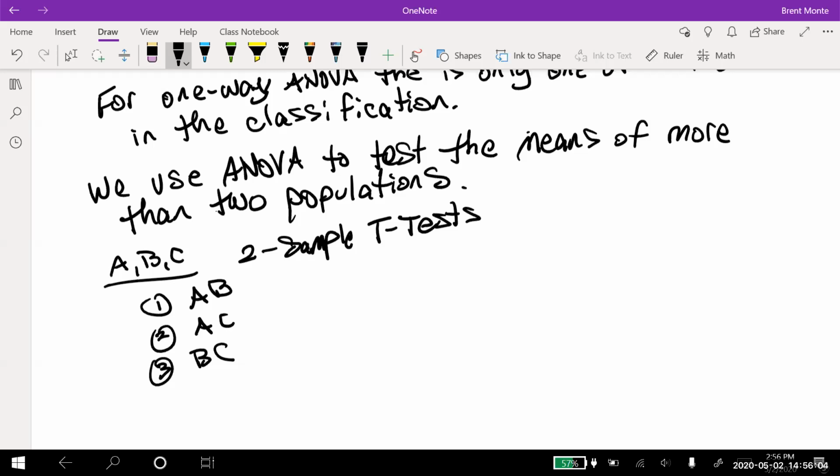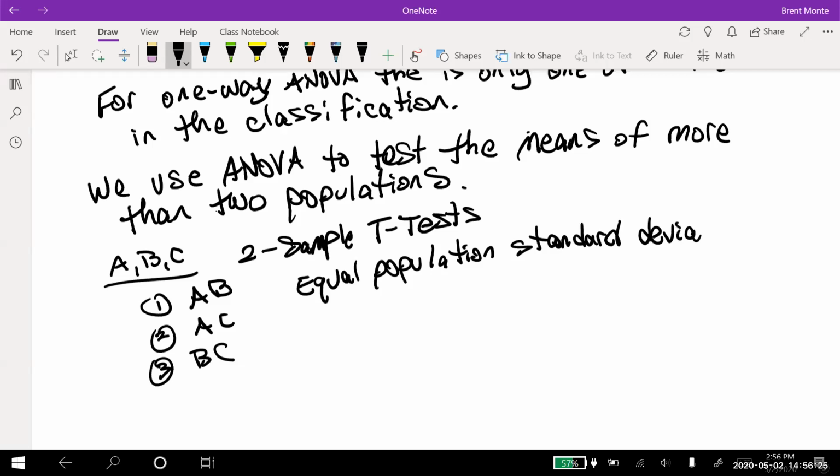Furthermore, what we're going to be assuming in an ANOVA test is that it's a 2-sample t-test, but also that we have equal population standard deviations. And remember, when we have equal population standard deviations and we do a 2-sample t-test, that's a pooled t-test.